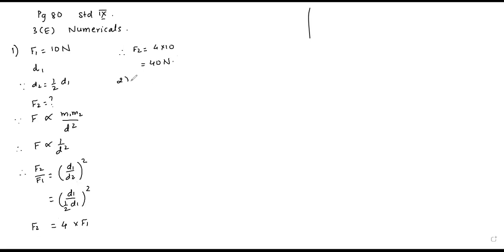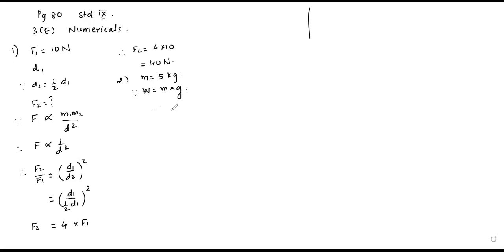Check the second one. Underline the word approximate. Weight of a body of mass 5 kg. What is given? Mass, 5 kg. What is the assumption made by you? Since they want weight, weight is equal to m into g.